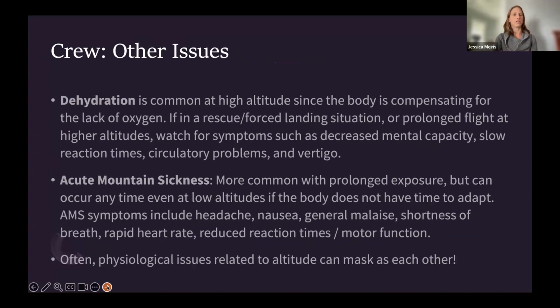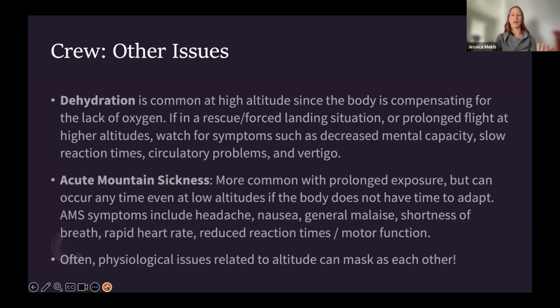Some of the other issues that you might encounter: dehydration can be one of those conditions that can compound with something else going on. Hypoxia, or acute mountain sickness, AMS, especially if you aren't accustomed to being in a high altitude environment, can sometimes mask other situations going on, because the symptoms are often similar.